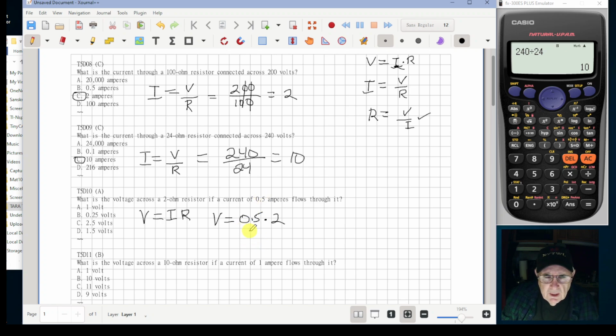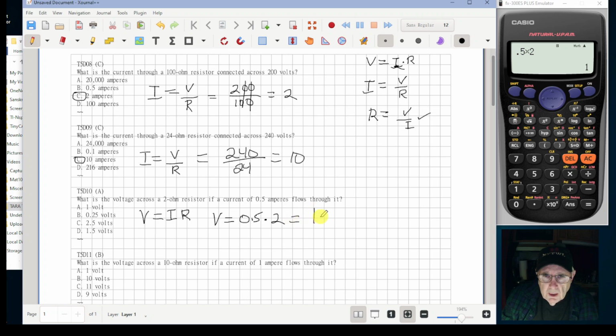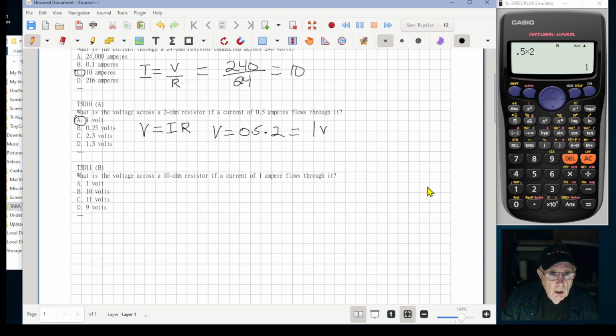But it adds nothing to the calculation, so you don't have to worry about that. All right, so let's take 0.5 times our 2, and indeed we get 1 volt. And that's one of our choices. First choice here, problem solved.